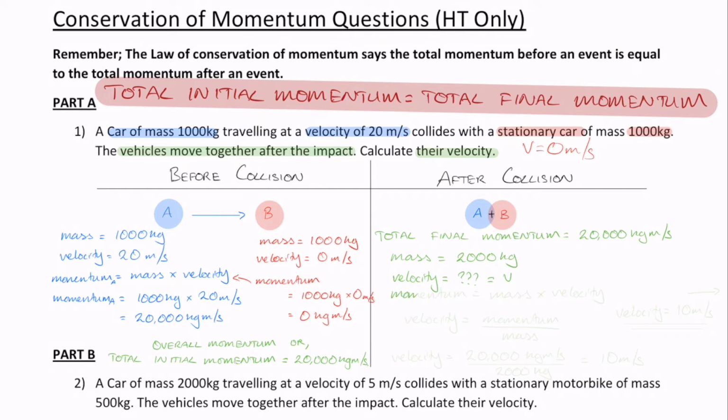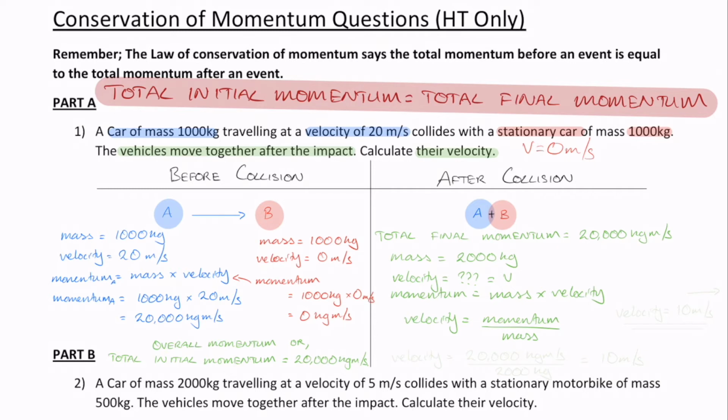According to our equation, momentum equals mass times velocity. Velocity can be found by rearranging this equation: velocity equals momentum divided by mass.